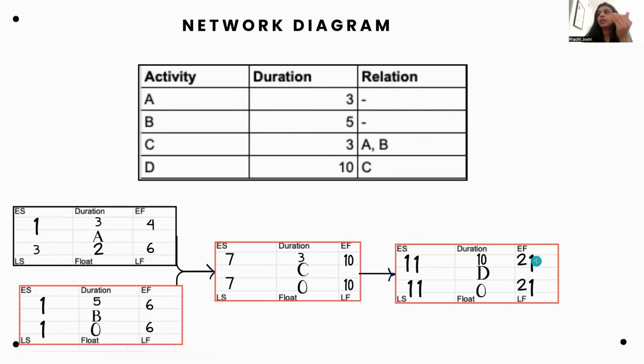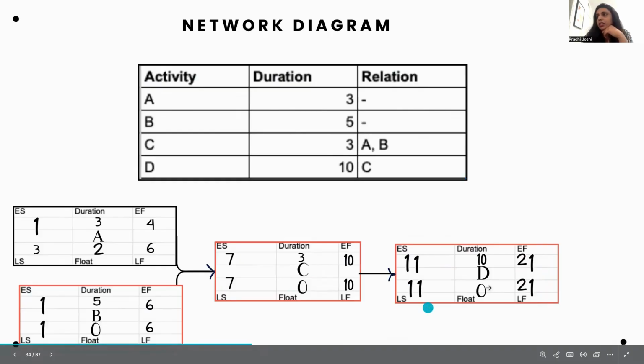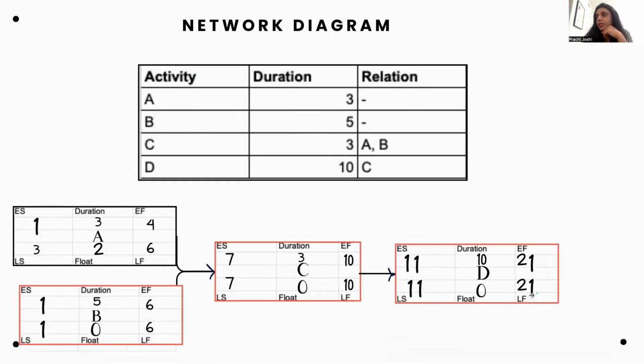All right, you put the early finish here, and now you have the top row ready. Now you just simply put the last day and drop it down to late finish and late start, right? So for the last activity, it is 21 minus 10, which is 11.